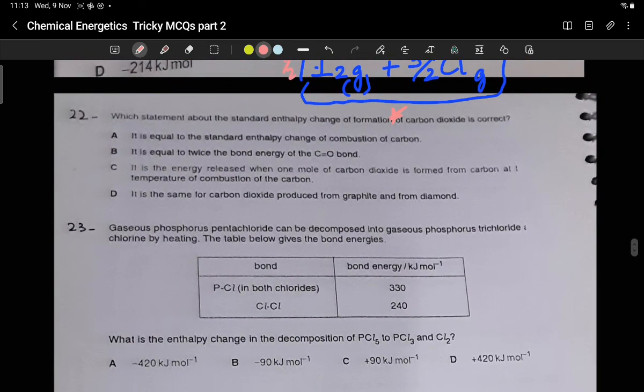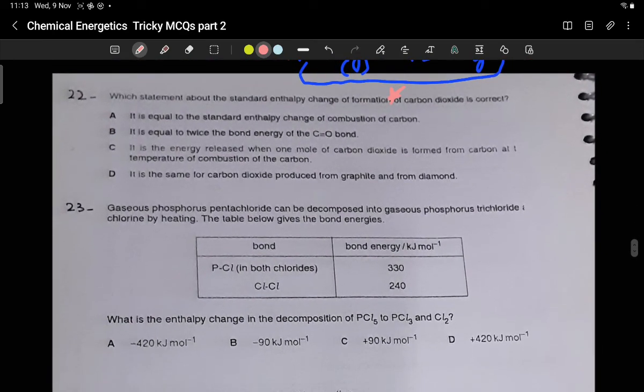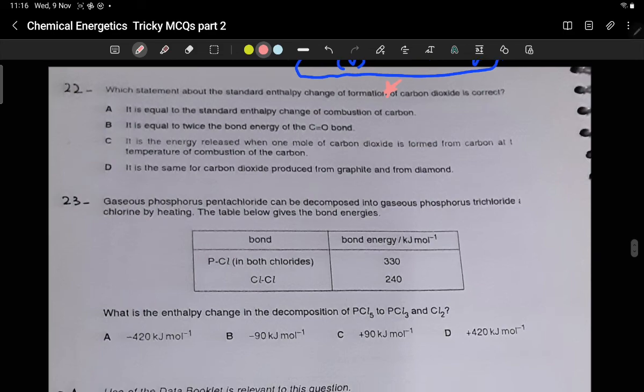Next question, question number 22: which statement about the standard enthalpy change of formation of carbon dioxide is correct? Is it equal to the standard enthalpy change of combustion? Yes, we have discussed many times that the enthalpy change of combustion and formation of carbon dioxide and water are equal, because carbon burns in oxygen to form CO2.